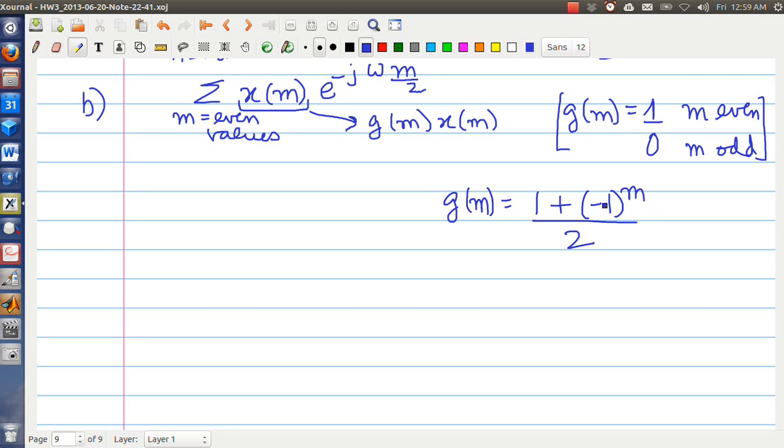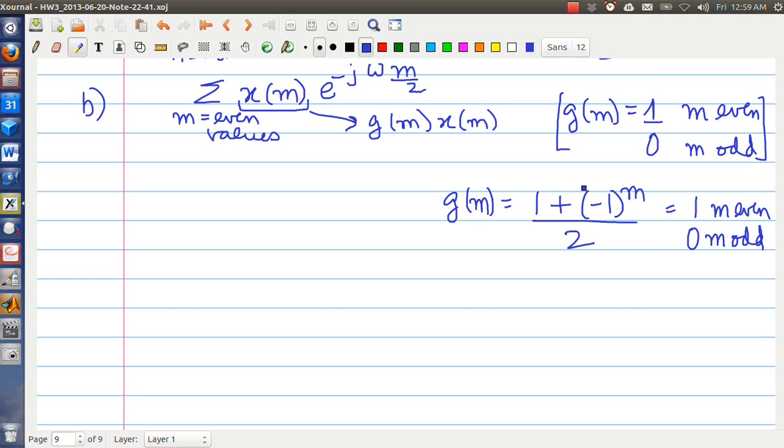So every time m is even, this becomes 1 plus 1, which is 2 over 2, which is 1 for m even. Anytime m is odd, this is negative 1, the whole expression becomes 0. So 0 for m odd. So this is something that satisfies this equation.